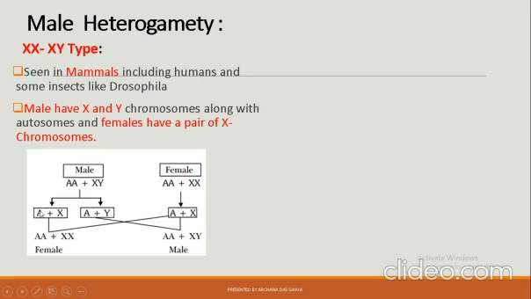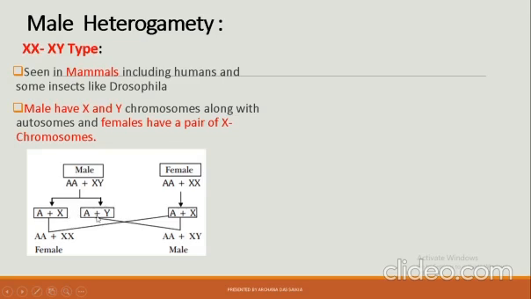So 50% of the autosomes and one of the sex chromosomes enter one type of gamete, and the rest 50% of the autosomes and the remaining sex chromosome enter the other type. If this is a human, the total 46 chromosomes split into 23 and 23 during gametogenesis. Out of the 23, 22 will be autosomes and one a sex chromosome. In the other type of gamete, the other 22 autosomes and the remaining sex chromosome.